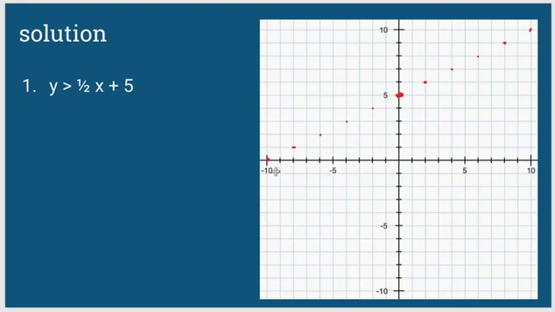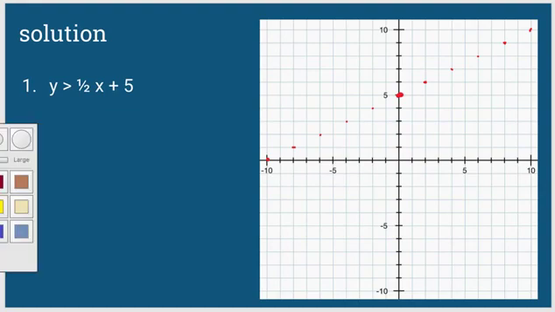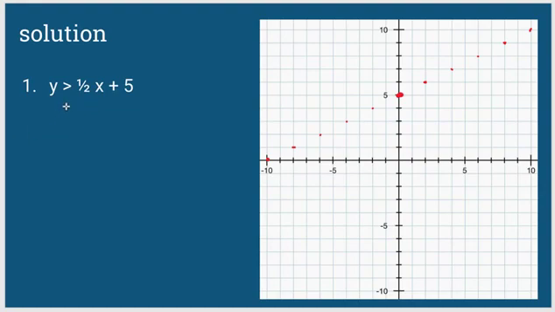Okay, so before I connect these points together, this is where I'm going to take a look at my inequality and decide, do I want to use a solid line or a dotted line to connect them? I'm looking at the inequality symbol.